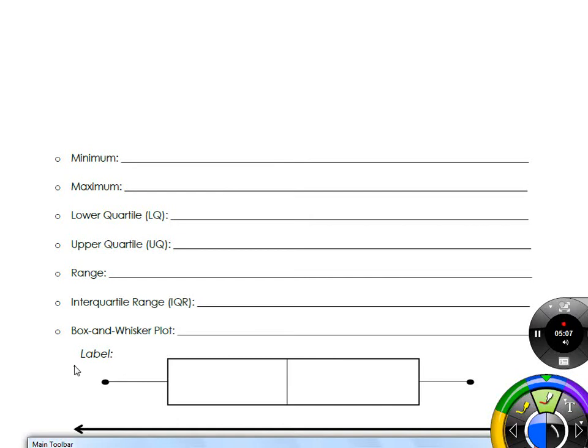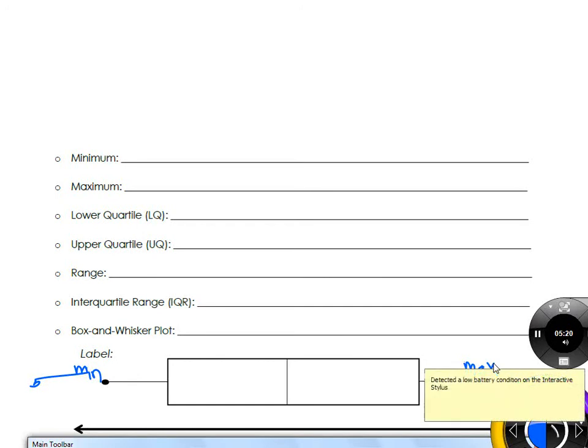Okay? So this is just like the people standing up here. This first piece of data is your minimum piece of data. The last piece of data up here is your maximum piece of data. So all the data is between your minimum and your maximum, just like we saw.